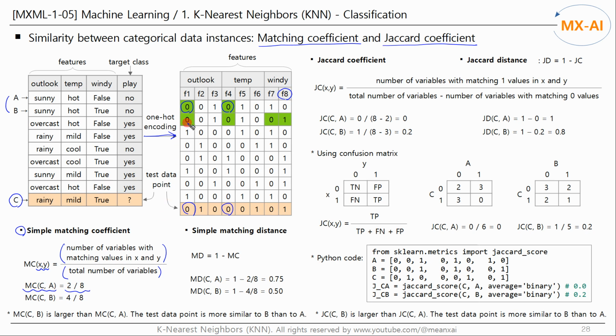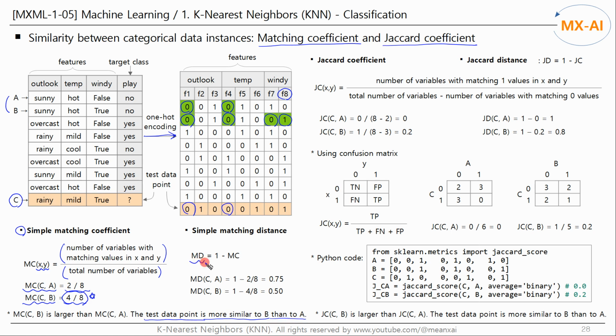Since the number of matching variables between C and B is 4, the matching coefficient between C and B is 4/8. The matching coefficient between C and B is greater than that between C and A. Therefore, this test data point is more similar to B than to A.